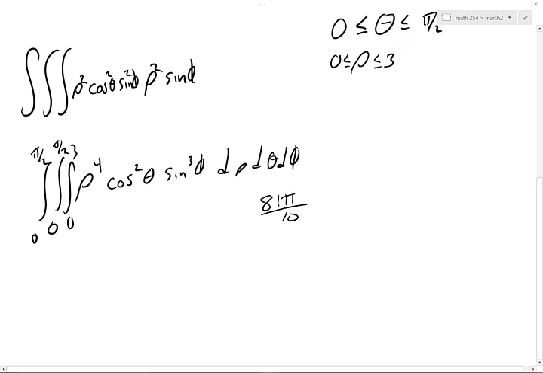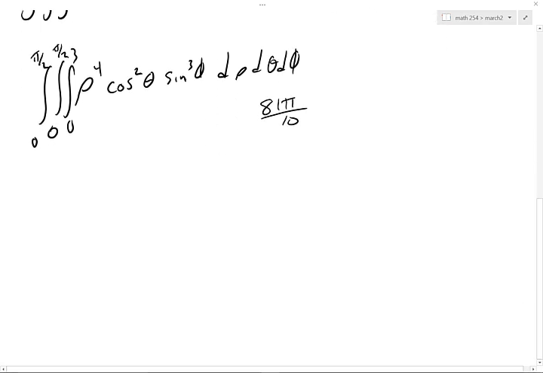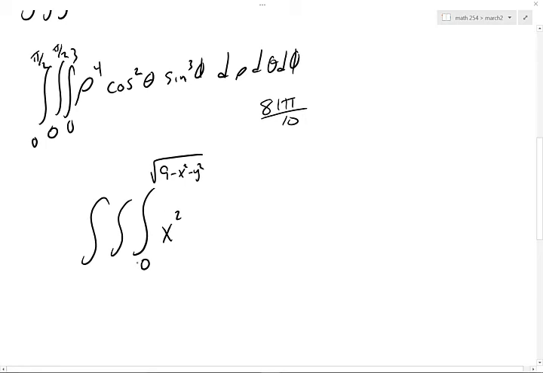Okay, now, could I have done it a different way? Sure, I could. If you think about it, my z is bounded by the square root of 9 minus x squared minus y squared. That's the upper hemisphere, so we're going from there up to there. Now our x and y: looking down the xy plane from above, it's going to look like a circle with a radius of 3.